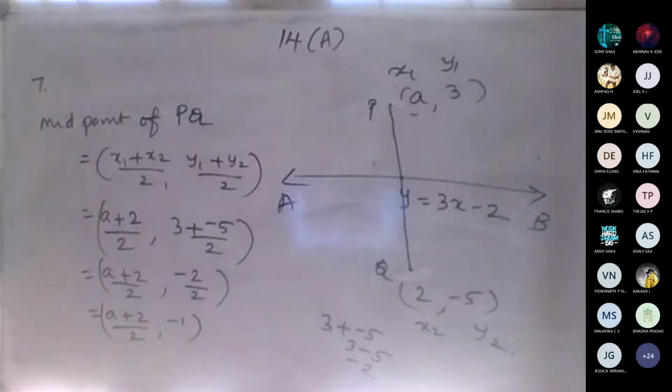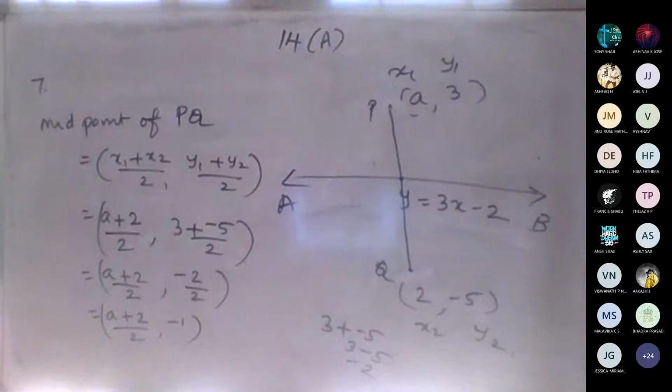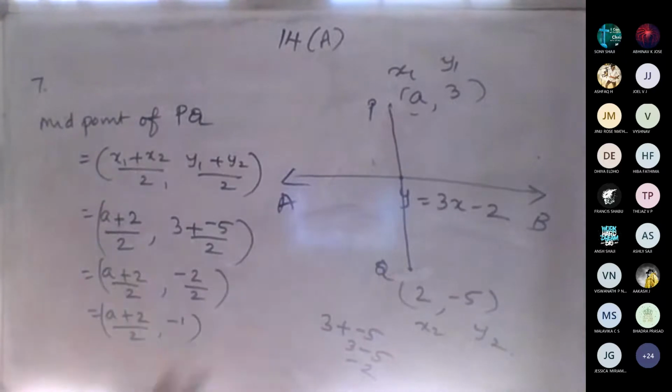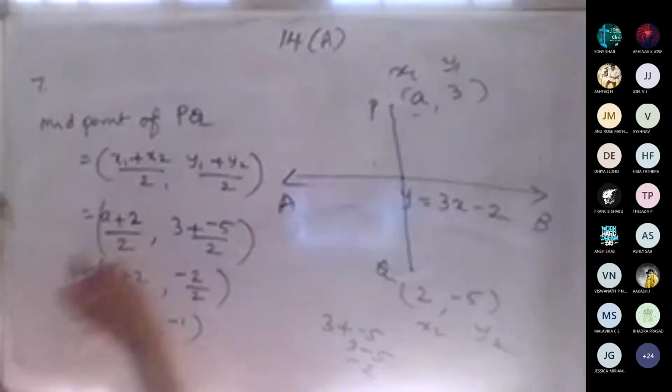So the midpoint we got is (a plus 2) by 2, negative 1. This is the midpoint of PQ.